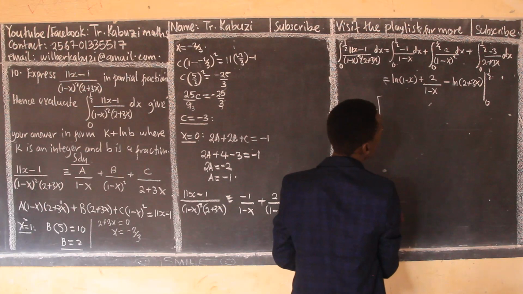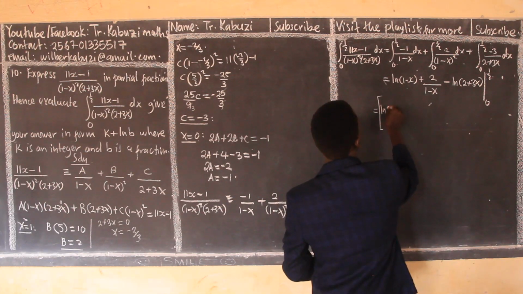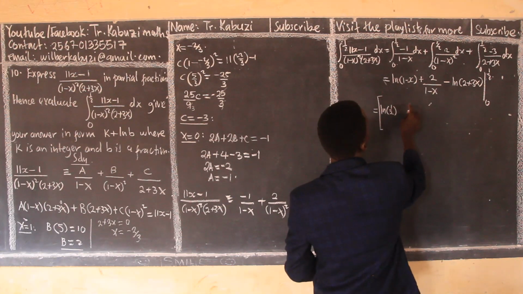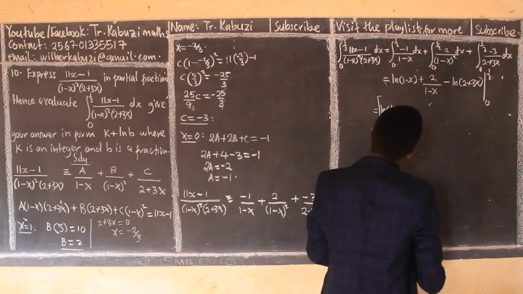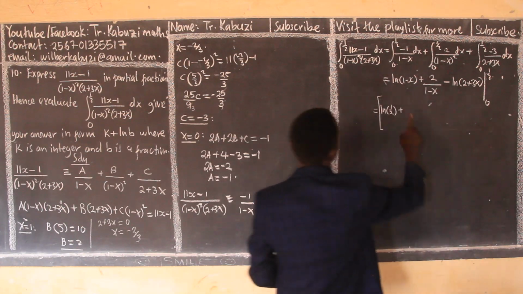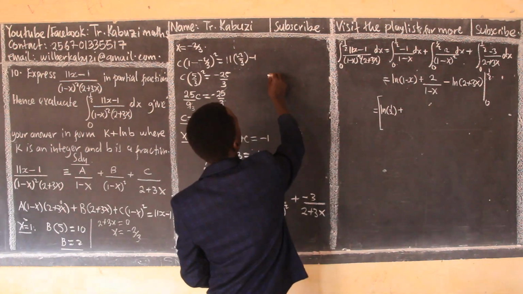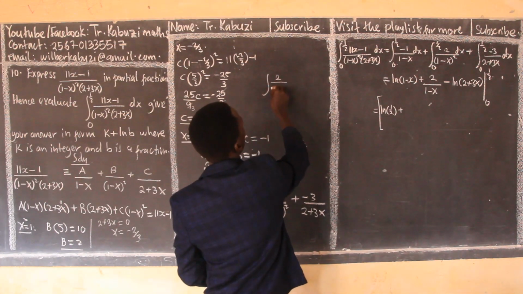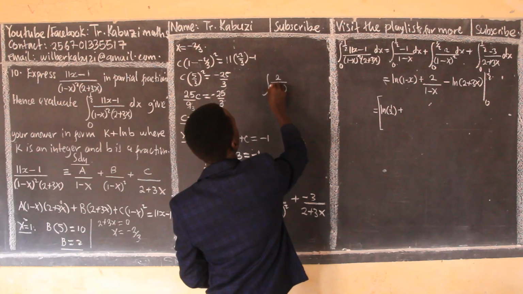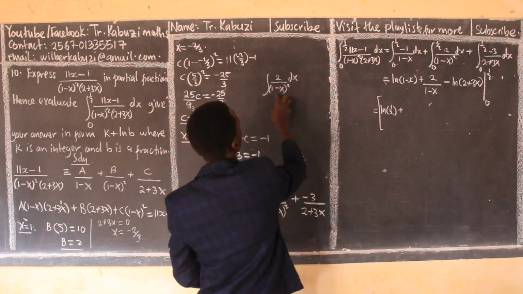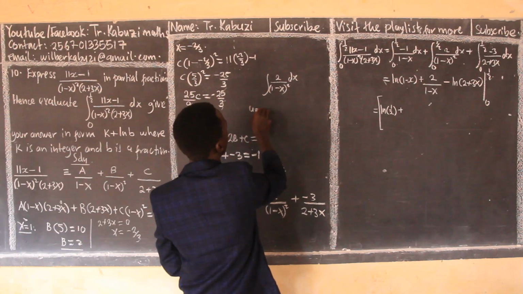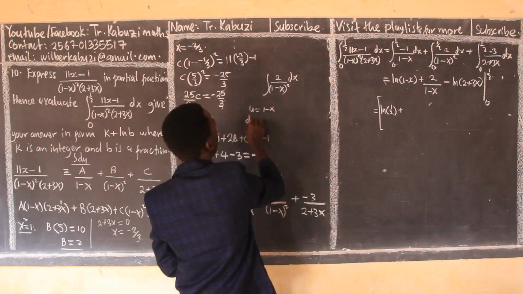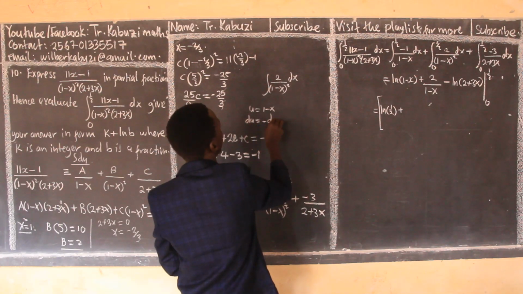So let me put in a half. First, when I put in a half here, I'll be having natural log of a half. Here, when I put in a half, I'll be having plus, okay, this one, to clear that, we have the integral of 2 over 1 minus x, the whole to power 2 dx. I can set this one u, 1 minus x. So my du here will be equal to negative dx.